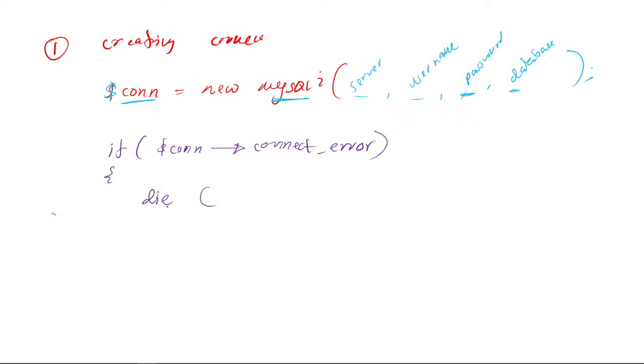The word that we use to stop the execution is die. We can print a message, connection failed, and print the error as well, whatever error we get, and stop the execution, because if the connection is not created, it's useless to send the data here and there.